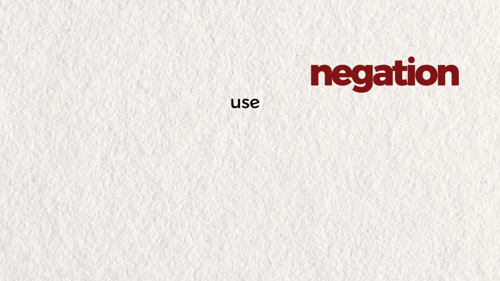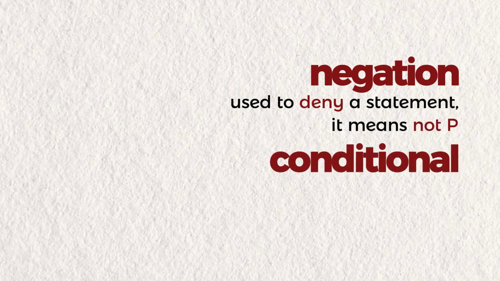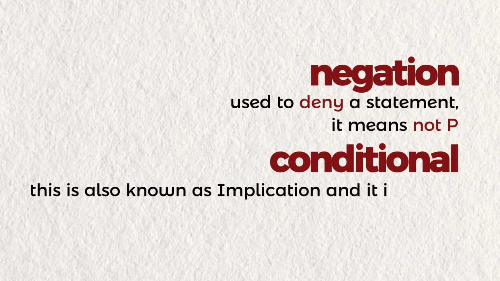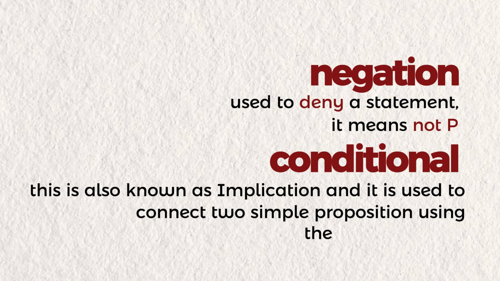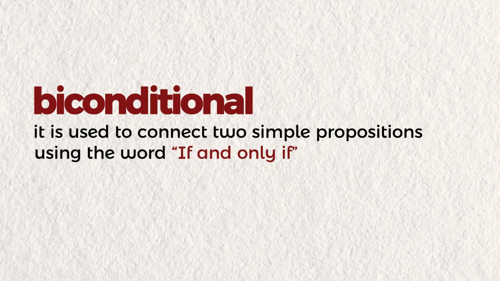Negation. Used to deny a statement, it means not. 4. Conditional. This is also known as an implication and it is used to connect two simple propositions using the words if then. 5. Biconditional. It is used to connect two simple propositions using the words if and only if.